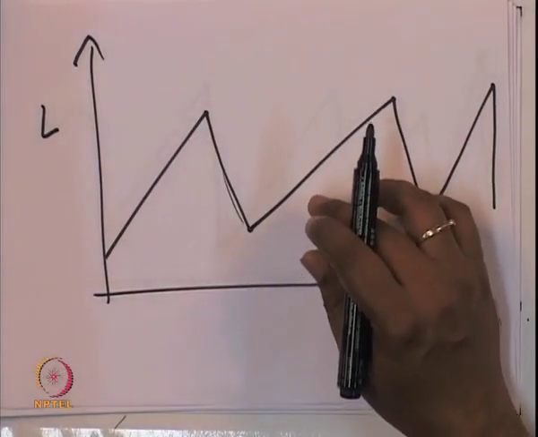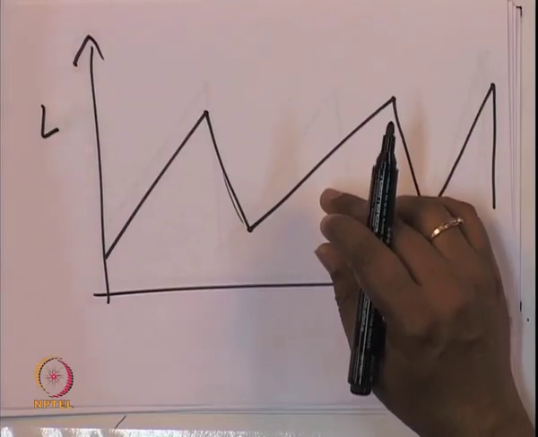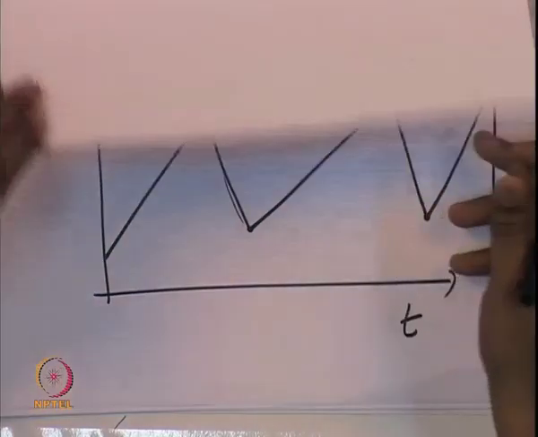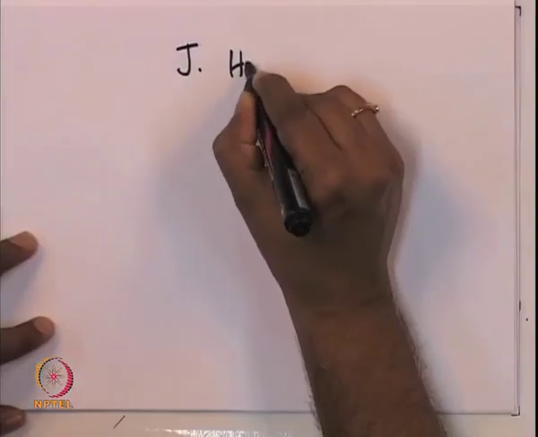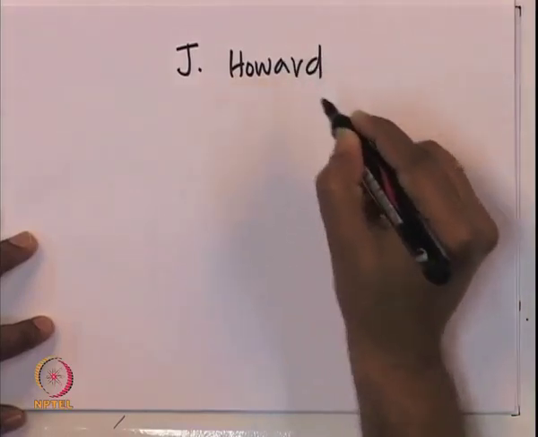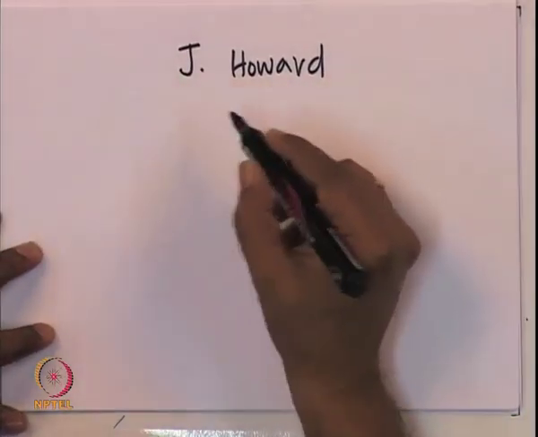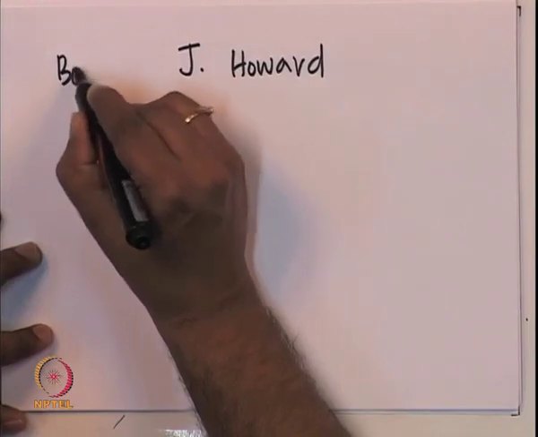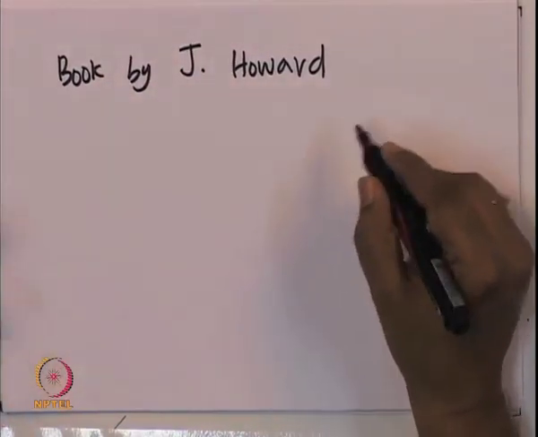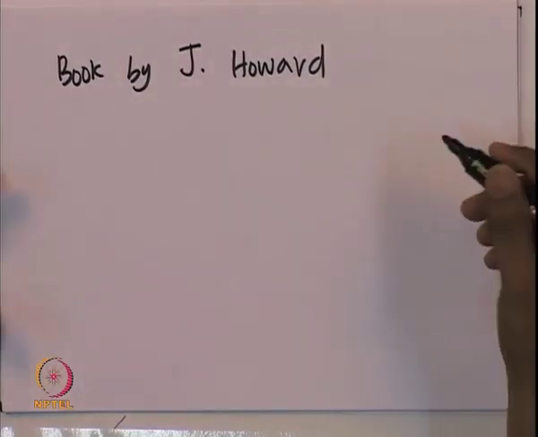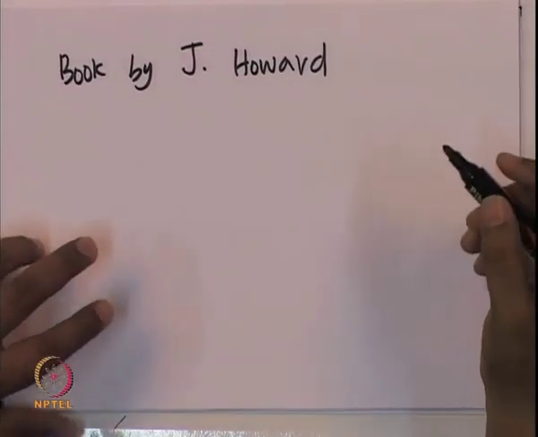So, typically if you look at various books, for example, one book you should refer to for this is a book by J. Howard on motor proteins and cytoskeletal filaments, which has a very nice description of dynamic instability.